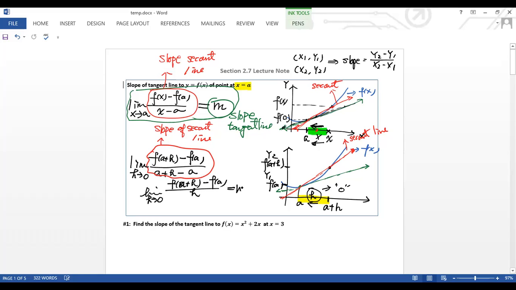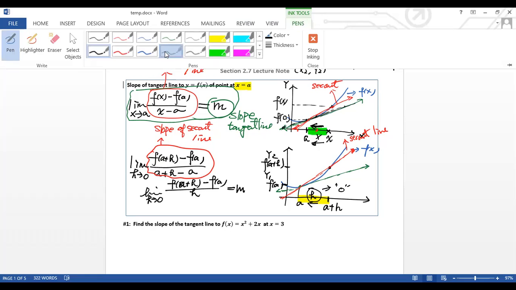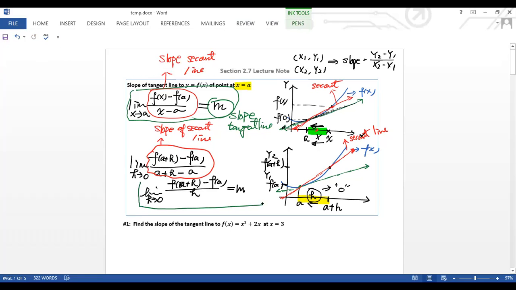So this is the end here, right? This is another definition of the slope of the tangent line here. You see my color coding here? Okay, so you can use either one to find the slope of the tangent line.